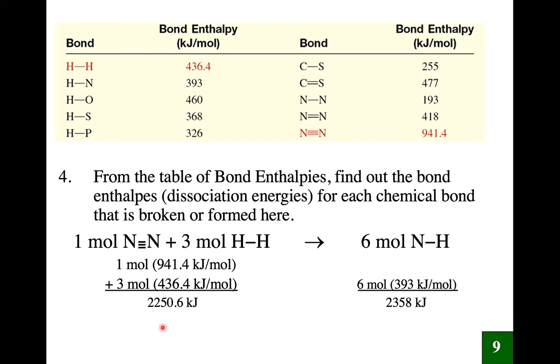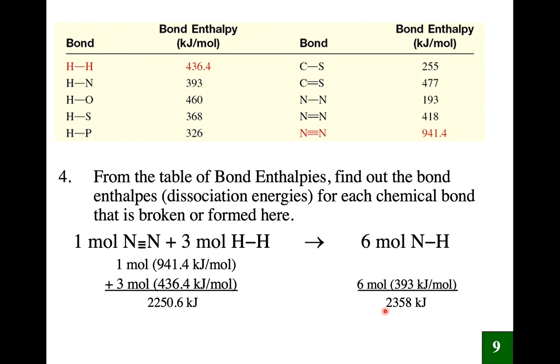For H single bond H, 436.4. We have 3 of those. I'm going to sum this up now, and this gives me a value of 2250.6 kilojoules. Then on the product side, find my N-H bond, right here, 393. And there are 6 of those, so 6 N-H bonds.